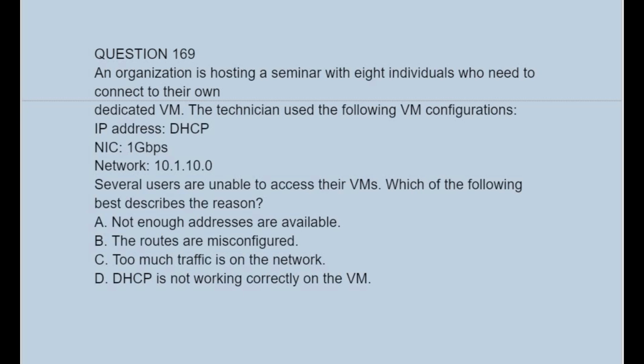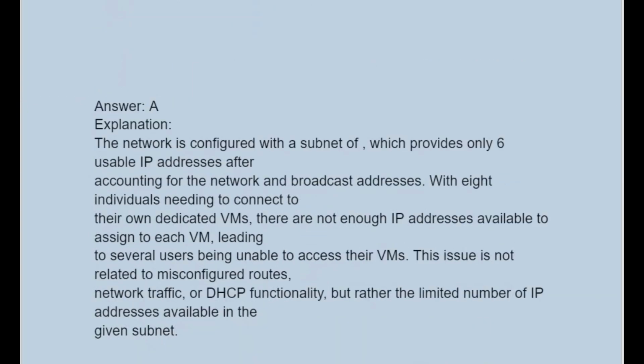Which of the following best describes the reason? Option A. Not enough addresses are available. Option B. The routes are misconfigured. Option C. Too much traffic is on the network. Option D. DHCP is not working correctly on the VM. Correct answer is option A.